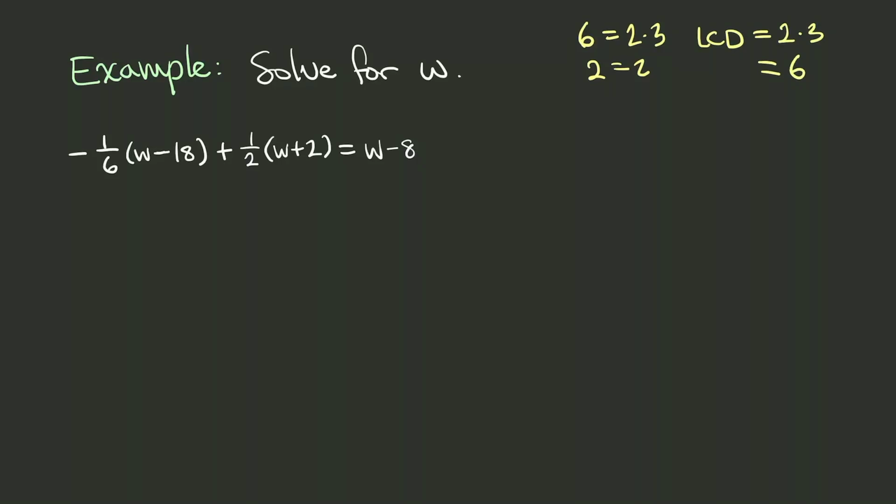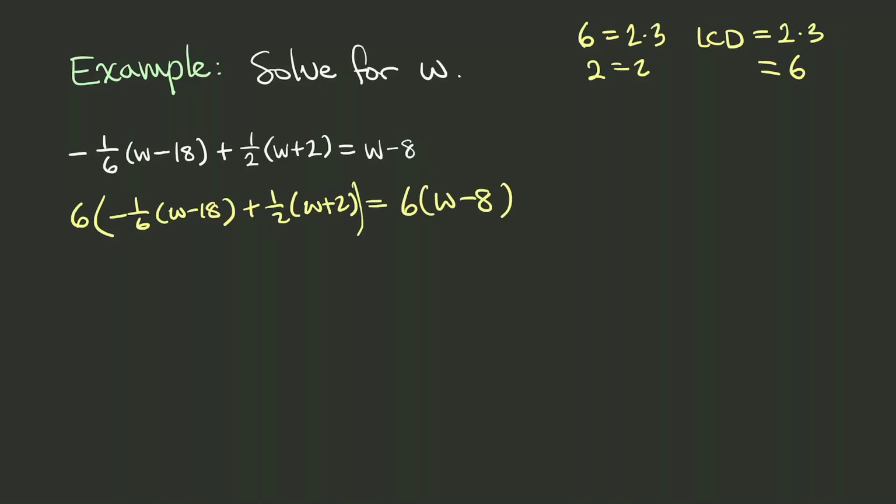So I'm going to go through and multiply everything in this equation by 6. So I'll have 6 times -1/6 (w minus 18) plus 1/2 (w plus 2) equals, and then I'll have 6 times (w minus 8). Now I can distribute the 6 on the left-hand side.